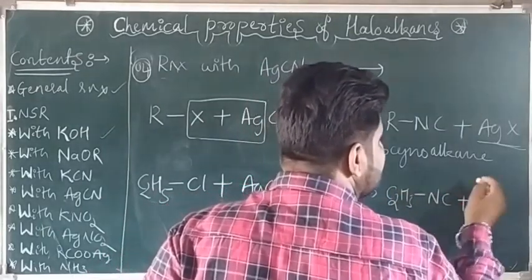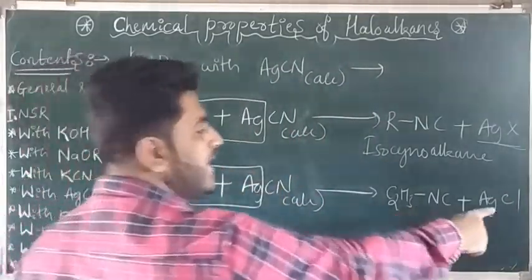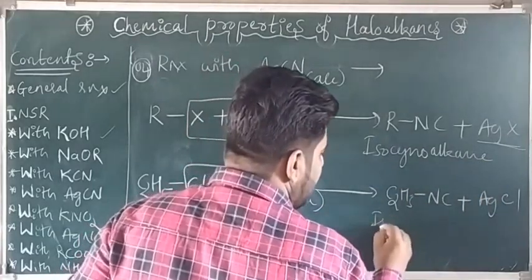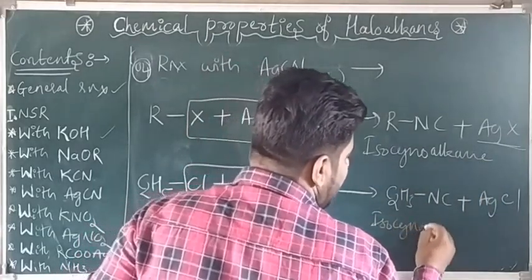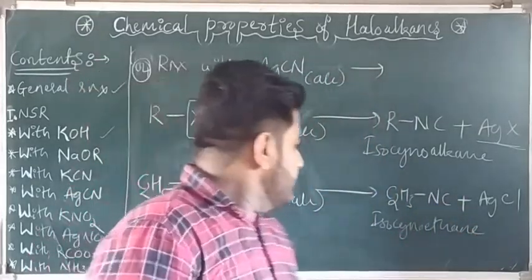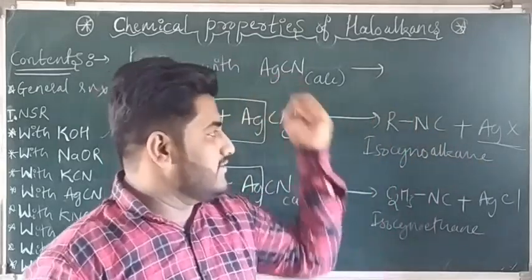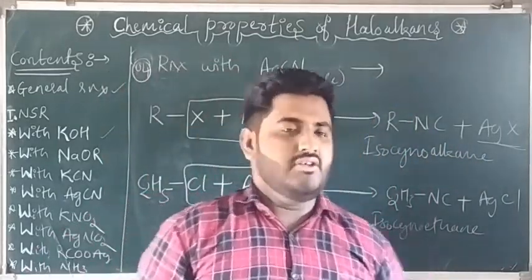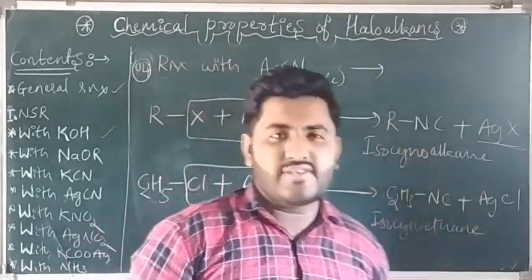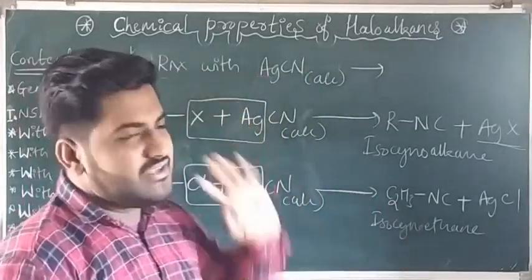Instead of CN, we are getting NC here, and silver chloride, AgCl, is eliminated. This is nothing but isocyanoalkanes, so here we have isocyanoethane. In the previous case, we got alkyl cyanides, here alkyl isocyanide. That's it. I hope you understood. This is regarding reaction with AgCN.